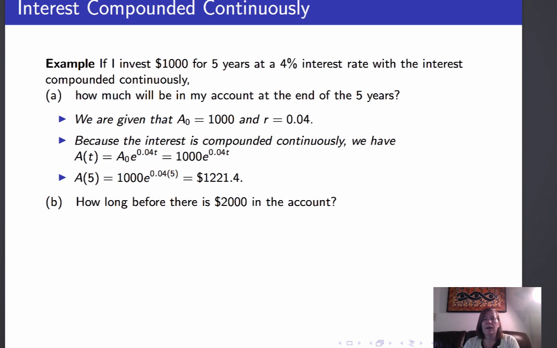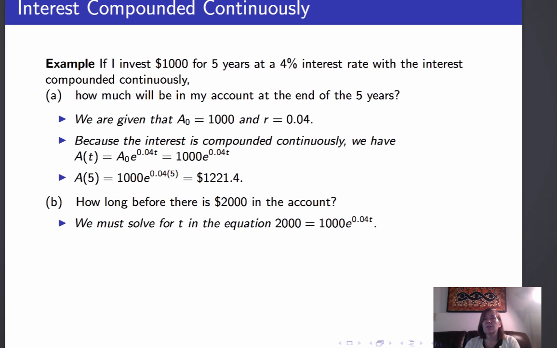So when t is 5 years, the amount after 5 years is 1000 e to the 0.04 times 5, which is approximately $1,221.40.